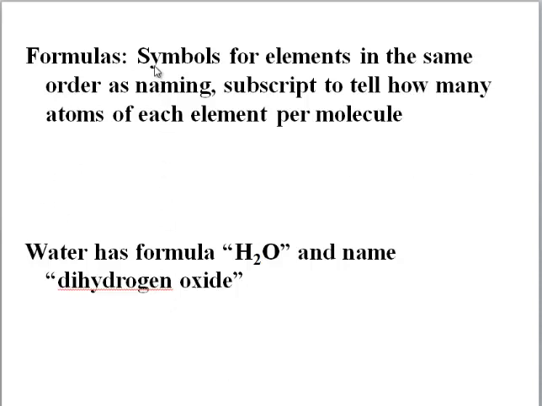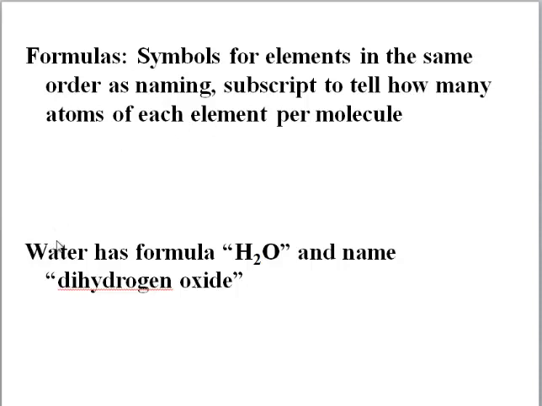For molecular compounds, the formula is written with symbols for elements in the same order as naming, in other words, left to right on the periodic table, with subscripts to tell how many atoms of each element there are per molecule.